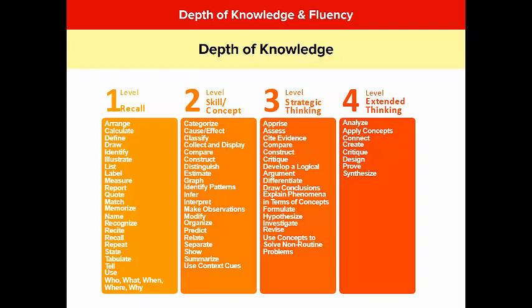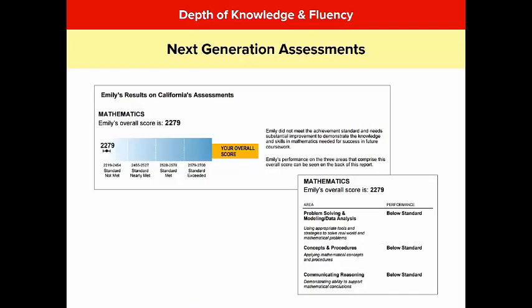All right, so understanding depth of knowledge, let's look at how students are evaluated on a typical next generation assessment. So this is sample student results from CAASPP, which is California's next generation assessment. And a couple of things to note here. Note that there's the scaled score that's set within the context of expectations.